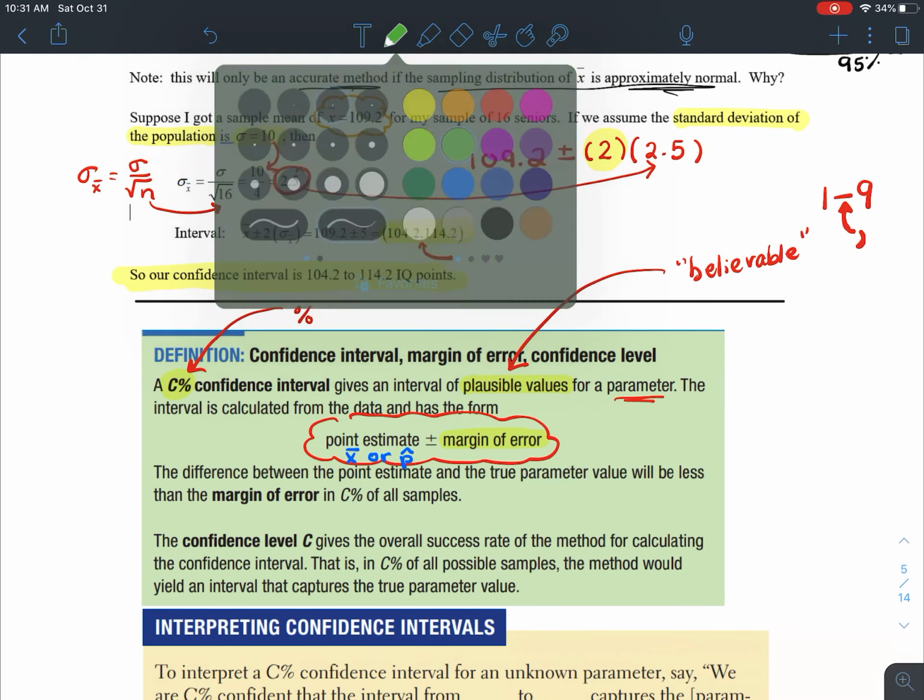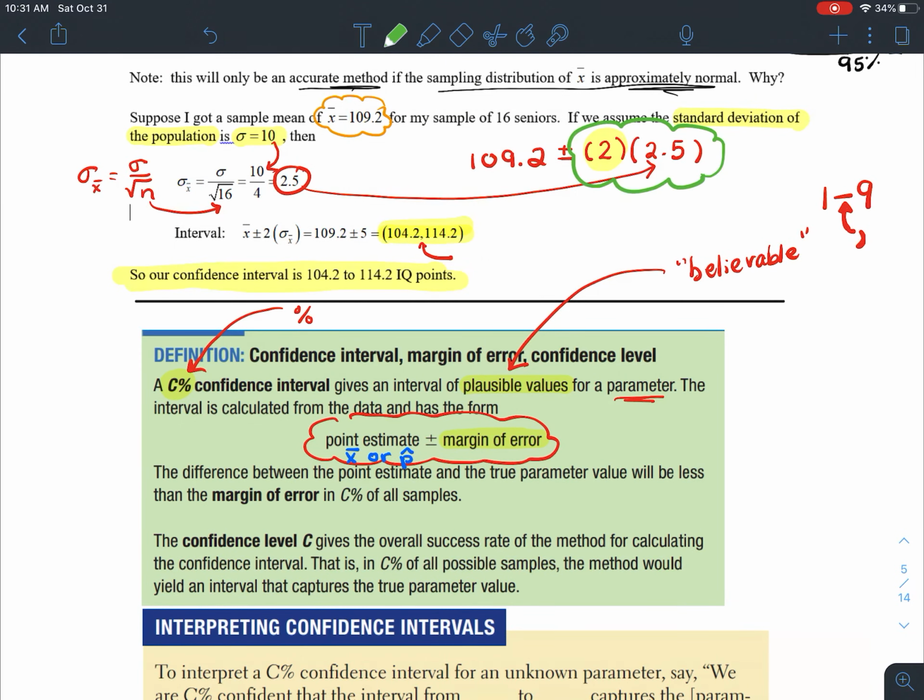My margin of error was found by multiplying the standard deviation of my sampling distribution by 2, and I got this 2 based on the fact that I wanted to be 95% confident. Something worth noting is that as my margin of error goes up, look at how that's going to affect the confidence interval.